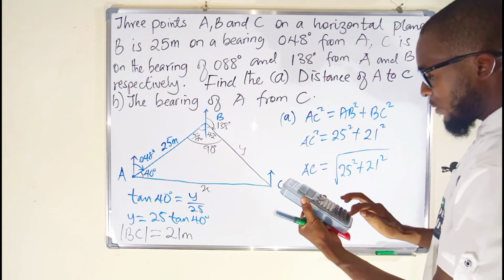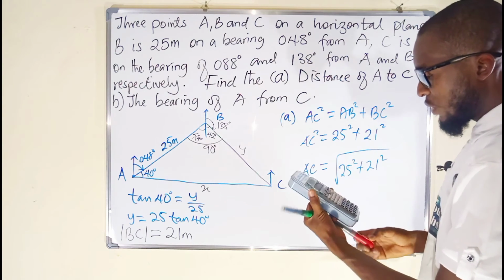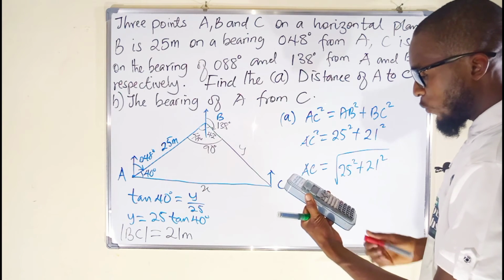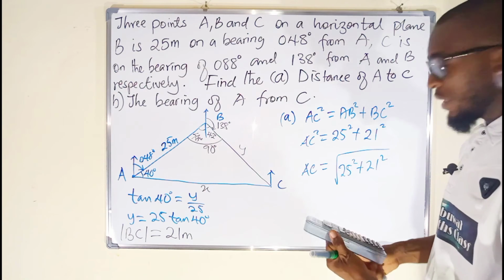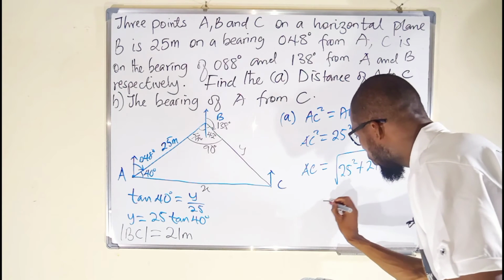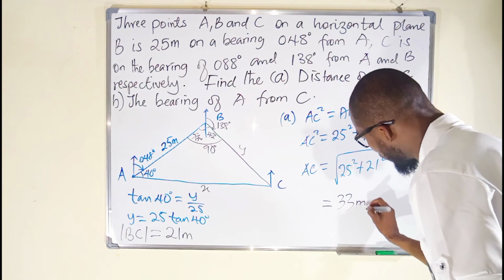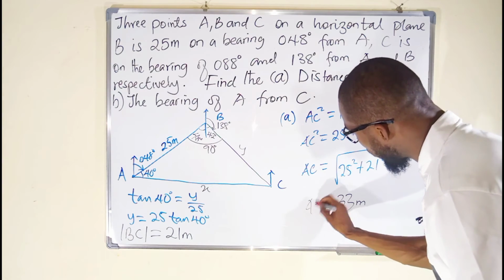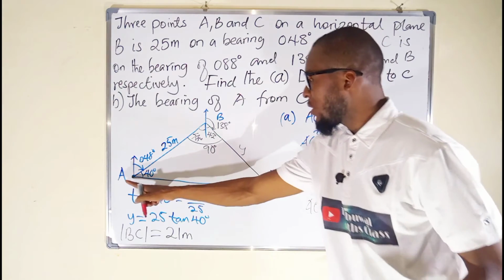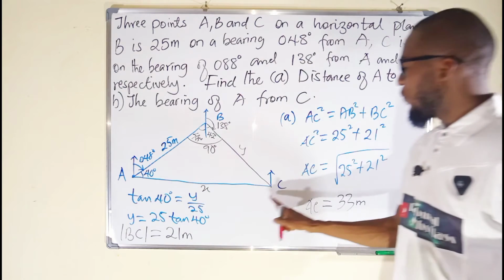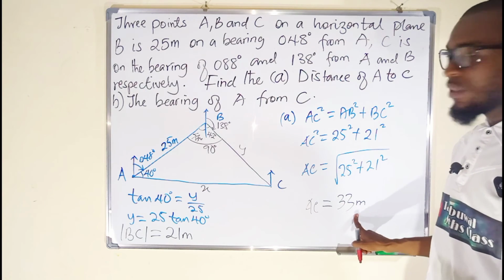Then the square root of that is 32.64965, which I can approximate to the nearest whole number. This is equal to 33 meters to the nearest whole number. So the distance of A from C is 33 meters.